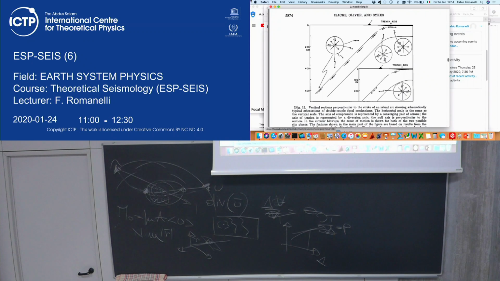Let's imagine that you're creating a fault under an extensional regime. You create a normal fault with a given angle. Now let's imagine that something is changing. Now you're going to compress it. Well, instead of breaking a new fault, it's better to make a thrust on the existing fault. Okay?